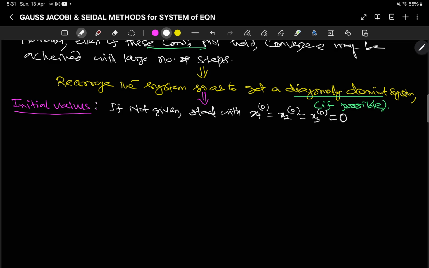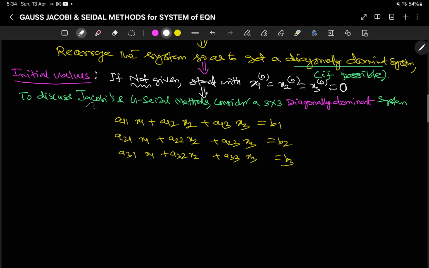If it is given, then you start from that. Now to discuss both the methods, we consider a 3x3 diagonally dominant system, okay?